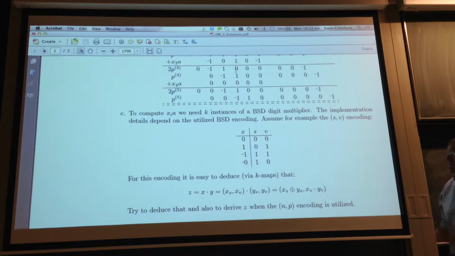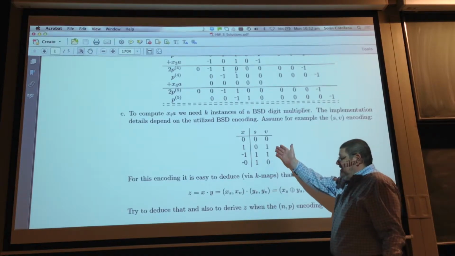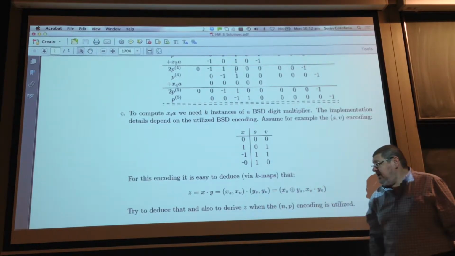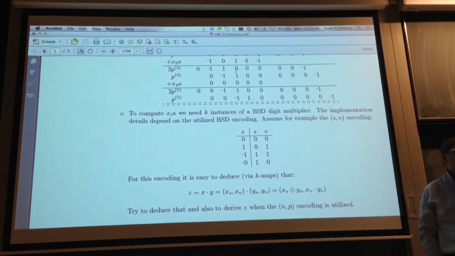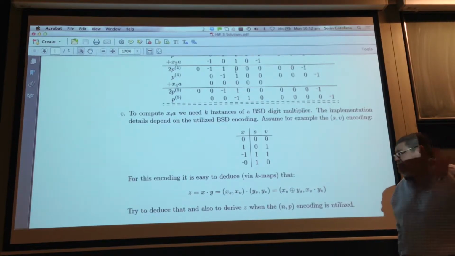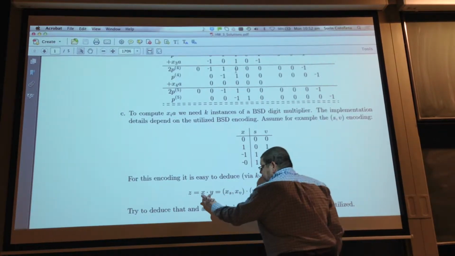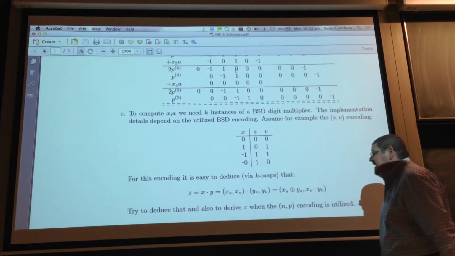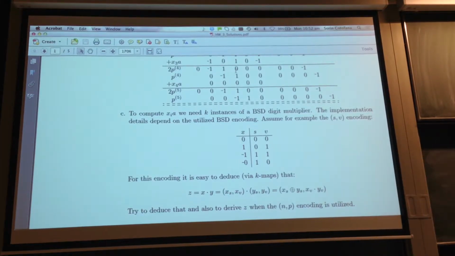Second step is to do some kind of magic, and based on this encoding, to derive the equations for the product. Now, if I assume that Z is the product of those digits, I will have to make a K-map. Do you remember Carnot maps?